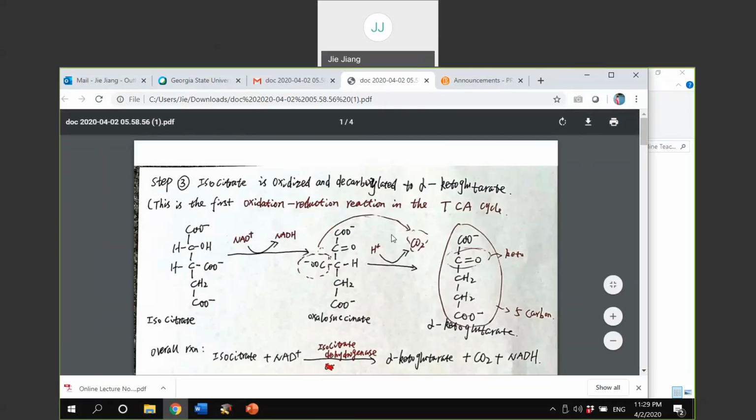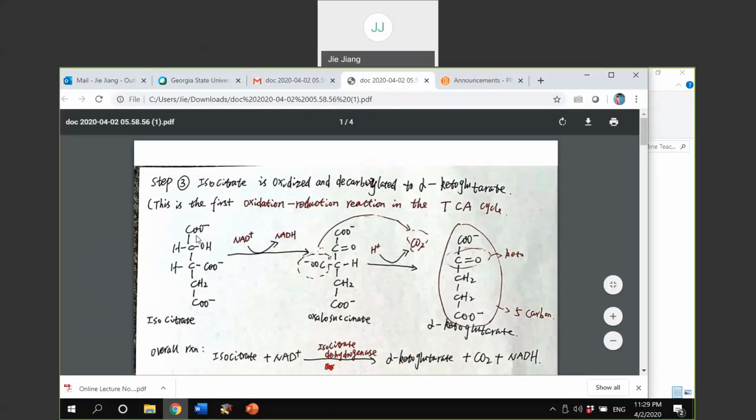This is an important reaction because it is the first reaction that releases carbon dioxide. It means this 6-carbon molecule becomes a 5-carbon molecule. You're losing a carbon, and this is the carbon that is removed or oxidized. So be careful here.